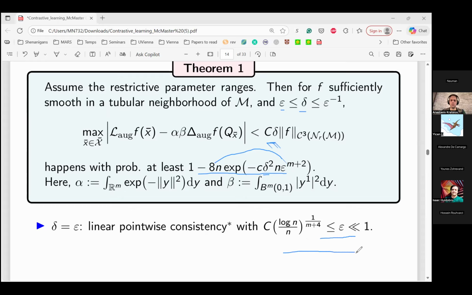And then you could see something very peculiar. You cannot take epsilon all the way from 0 to 1, but you can take a smaller range of epsilon from somewhere up to 1. This lower threshold, when n goes to infinity, will go to 0 anyway. But in this range, you would observe a linear convergence.